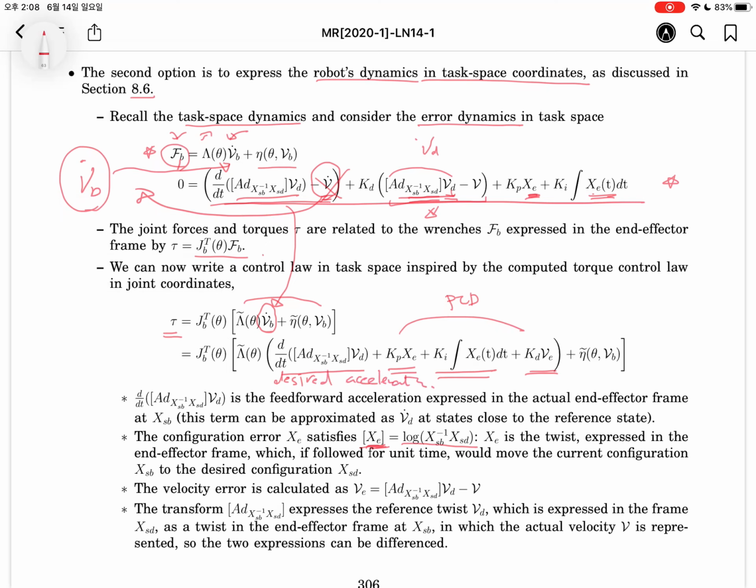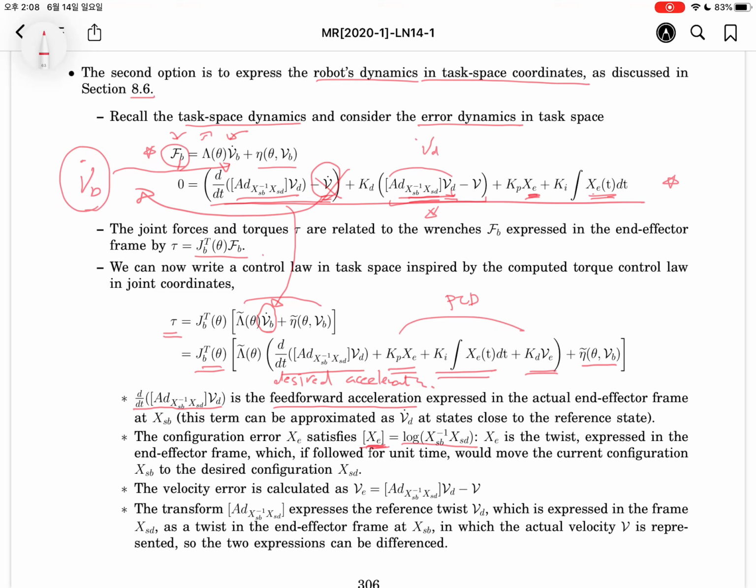And then the nonlinear terms. Every term is described in terms of the task space. Then J transpose will perform the coordinate mapping from the task space to the joint space. The first term, as mentioned before, is the desired acceleration expressed in the actual end effector frame.